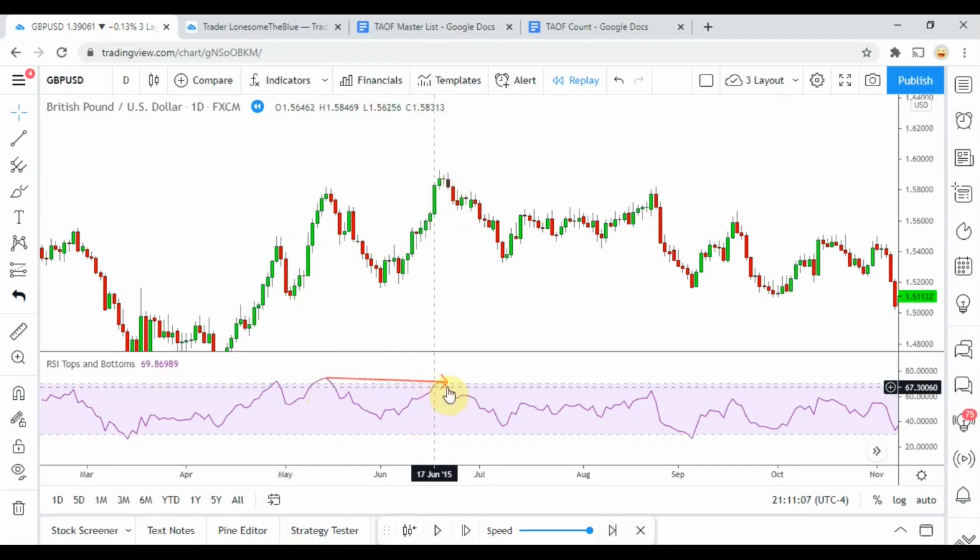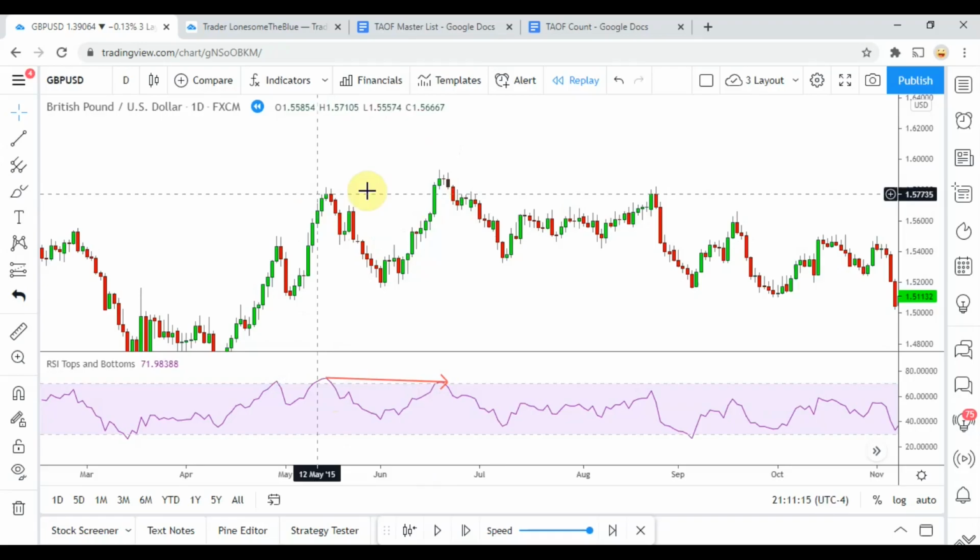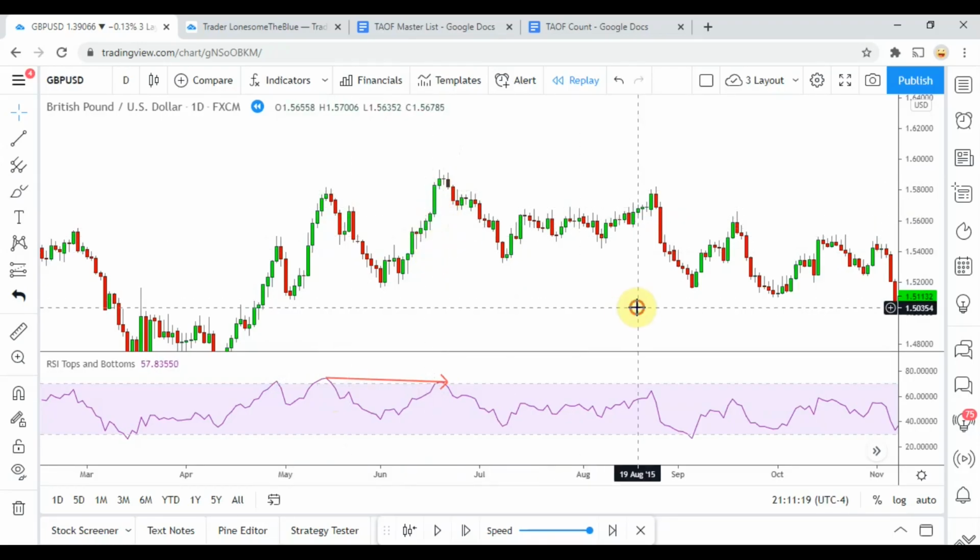And so it's a divergence between the indicator and price action, which is giving you a signal that momentum is weakening and that price action could potentially reverse.